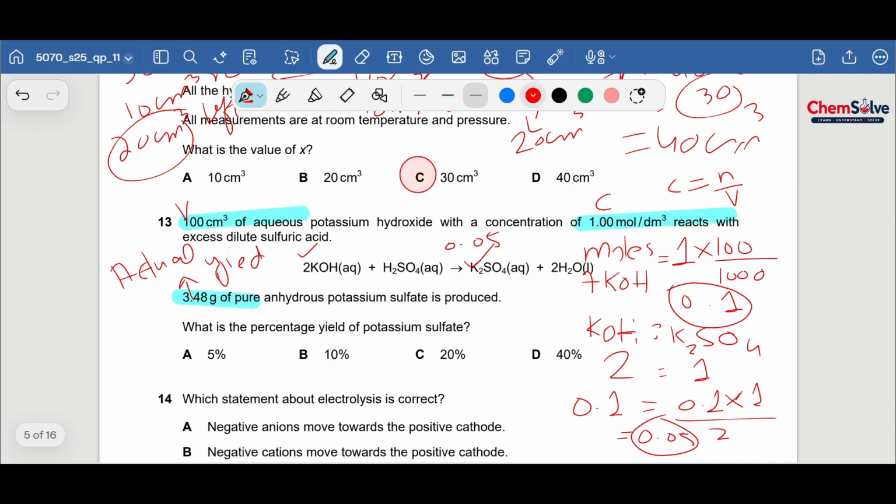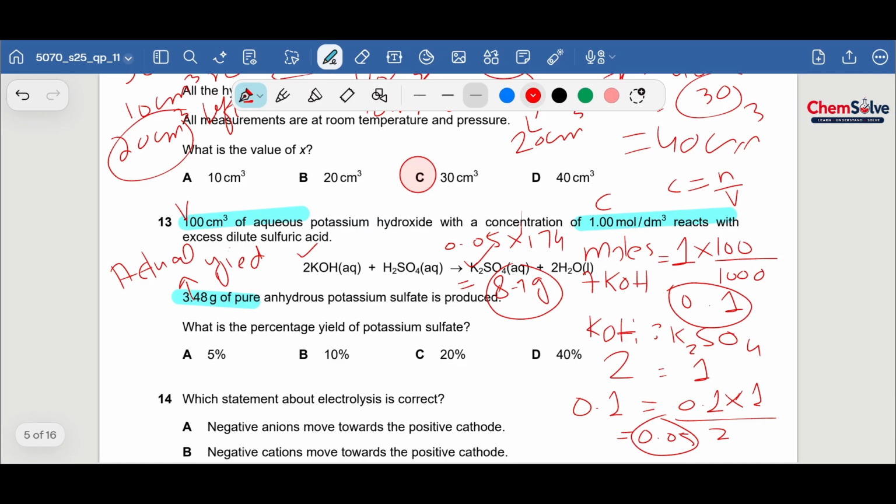But obviously we need to calculate its mass. So for that we will multiply the moles with the molar mass of K2SO4, and the molar mass of K2SO4 is 174. By multiplying them we will get the mass, and that is 8.7 grams. This mass is our theoretical yield.